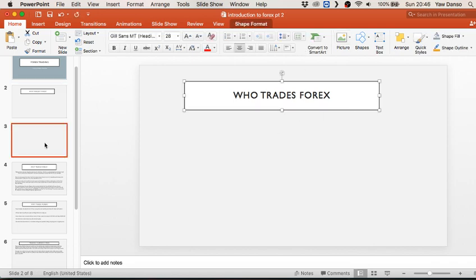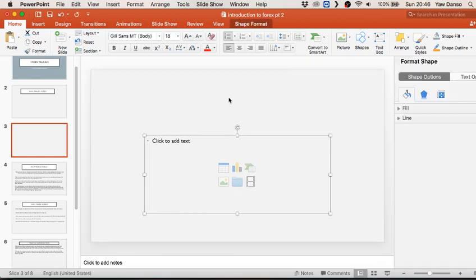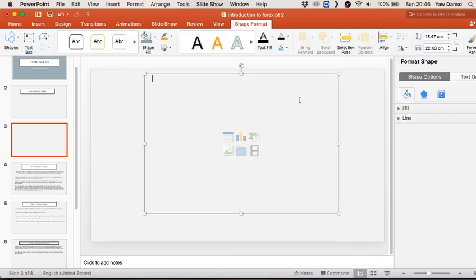Let me write them down here for you guys. If you go to AUD, Australia, for example, they have their own bank, the National Bank. If you go to Canada, you have the Bank of Canada. If you go to JPY, which is Japan, they have the Bank of Japan. If you go to New Zealand, we have the bank.